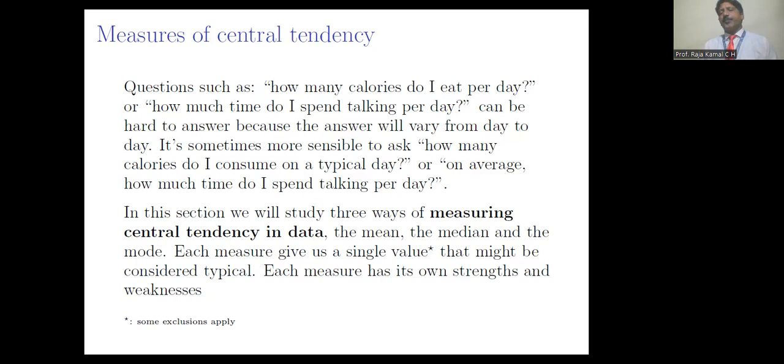These three methods find the central tendency value of the given data. Each measure is different from the others, and each method has its own importance, its own strength, and its own limitations and weaknesses.